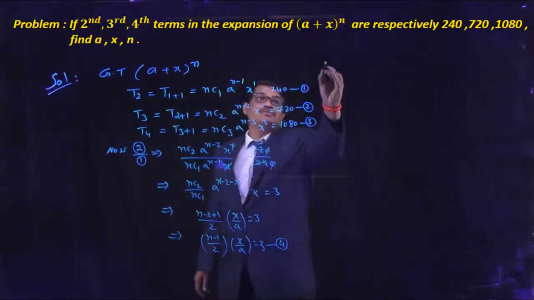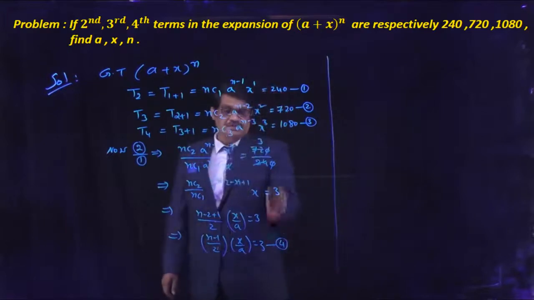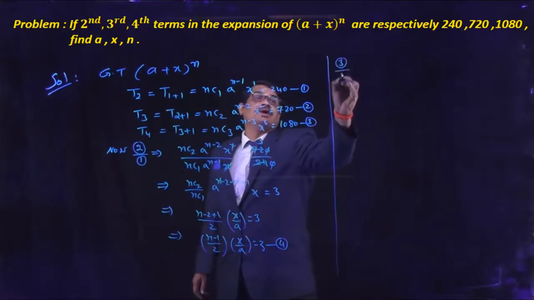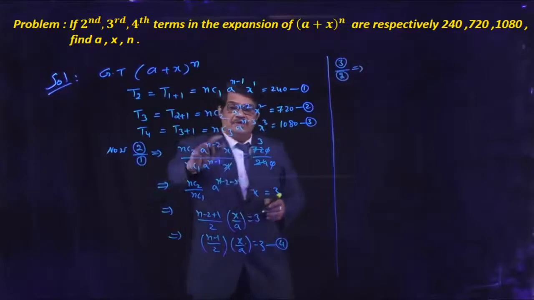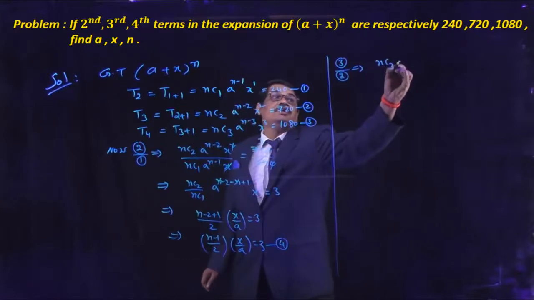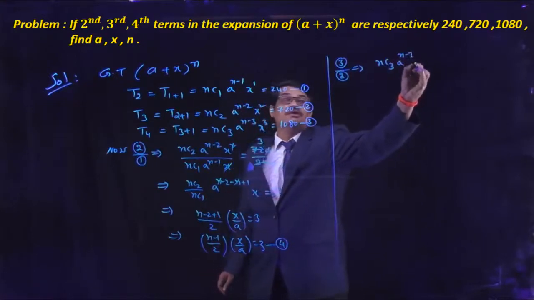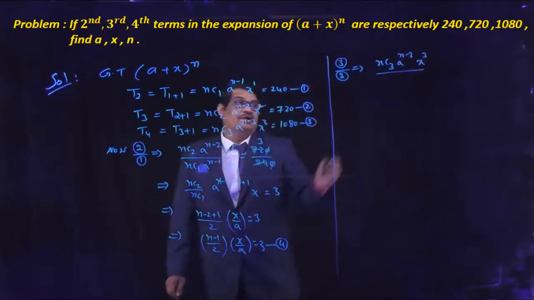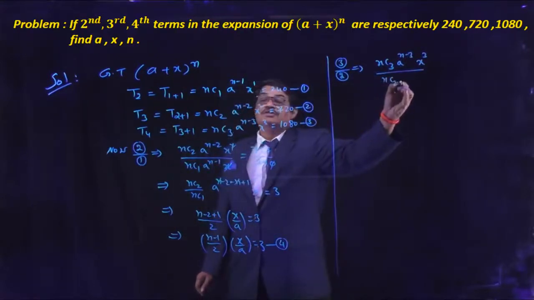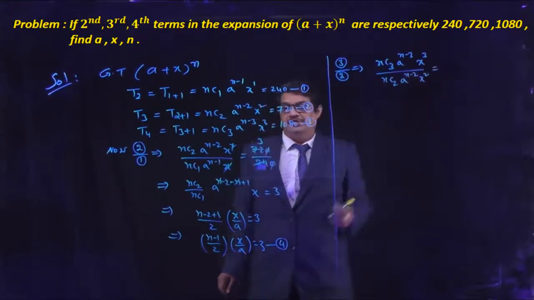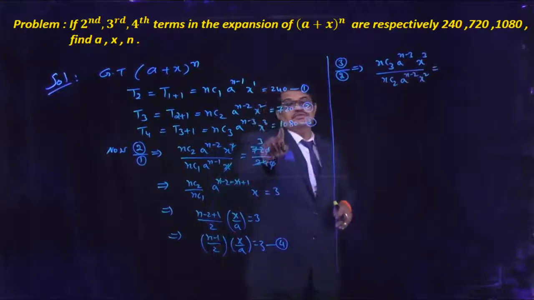Now we are taking equation 3 by equation 2. Equation 3 LHS is nC3 a to the power of n minus 3 into x cube, by equation 2, that is nC2 a power n minus 2 into x square, is equal to, in RHS side, what is equation 3?